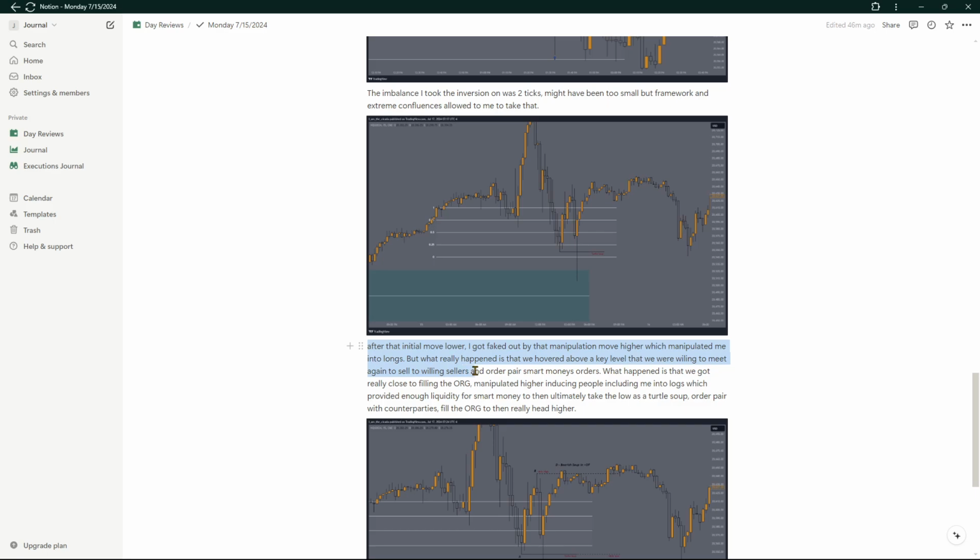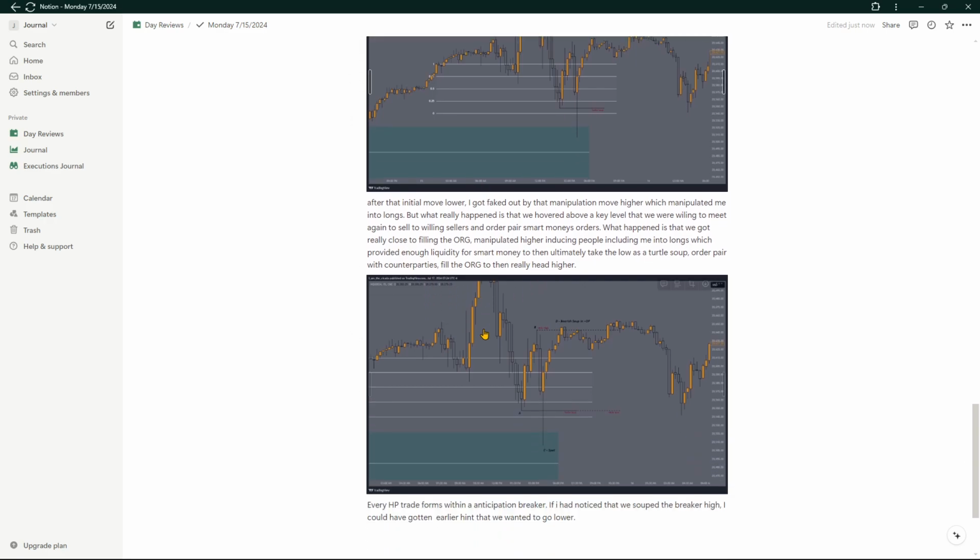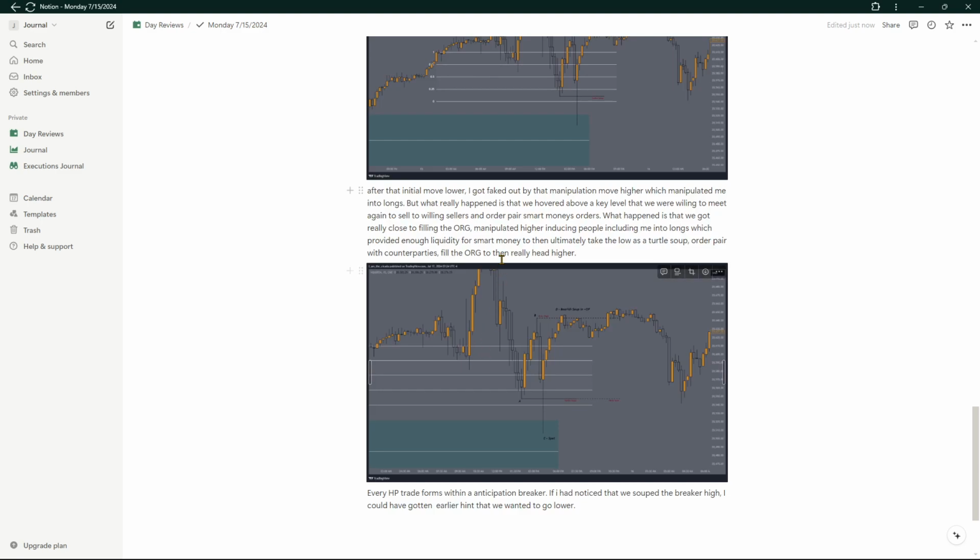Again, to settle willing sellers and pair smart money orders. What happened is that we got really close to filling the opening range gap, manipulated higher, inducing people, including me, into longs, which provided enough liquidity for smart money to then ultimately take the lowest turtle soup or pair with counterparties for the opening range gap to then really head higher.